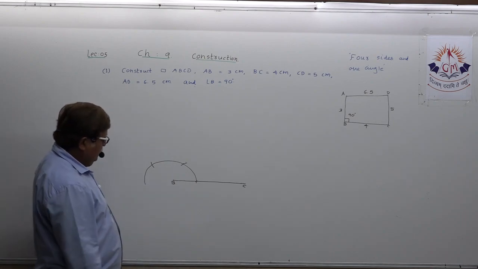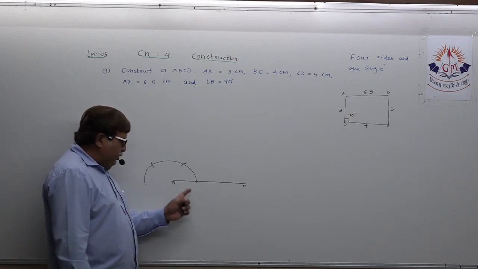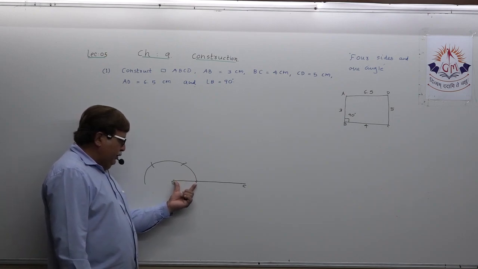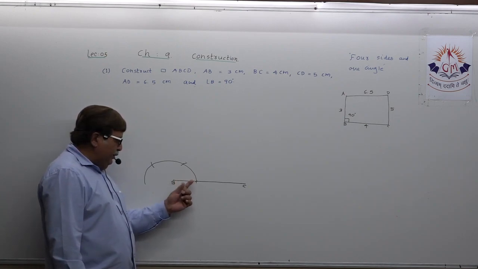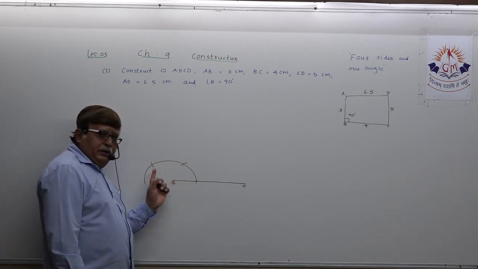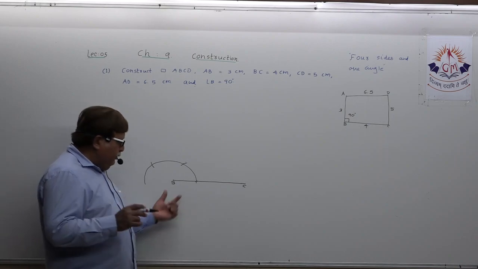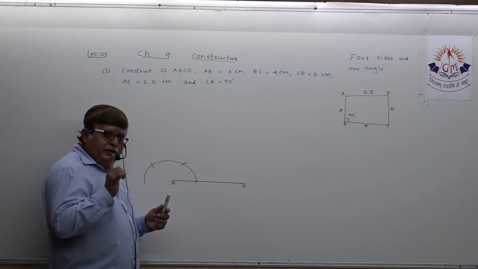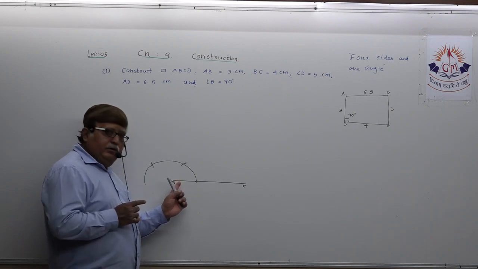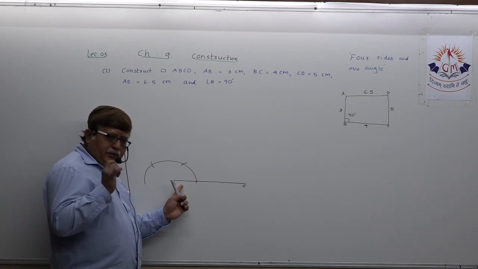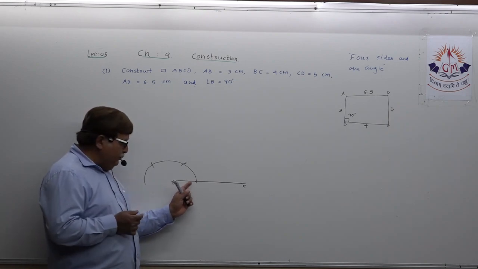Okay. What I am explaining, you try to understand. You must have taken some appropriate radius and has drawn an arc. Maintaining the same radius, please mind this, because you are attending construction online, so be very alert.